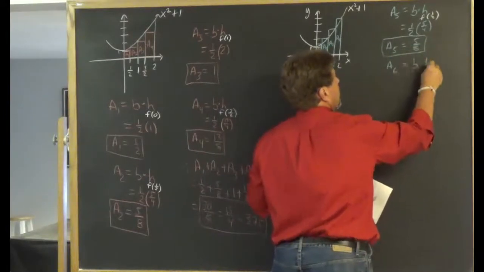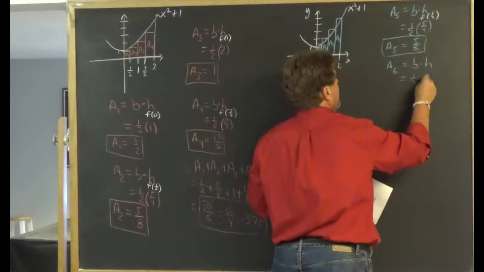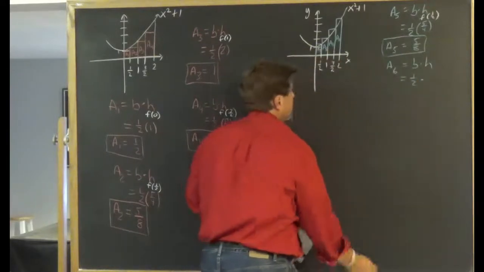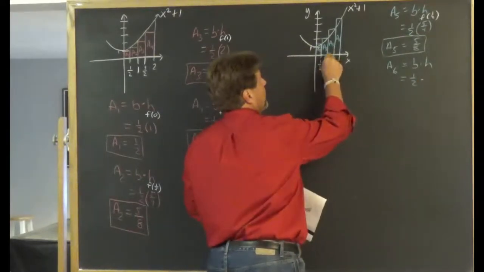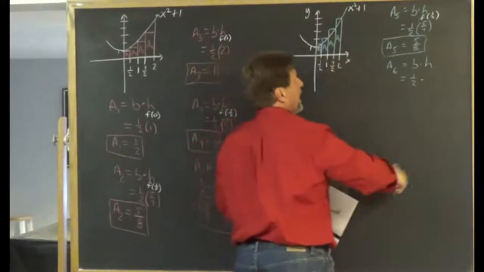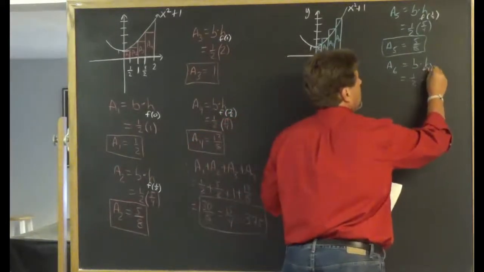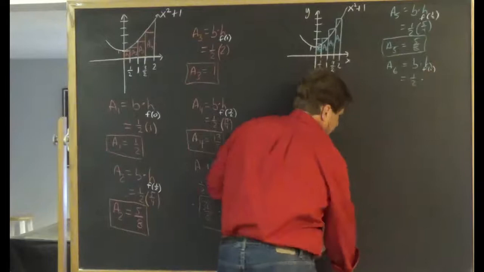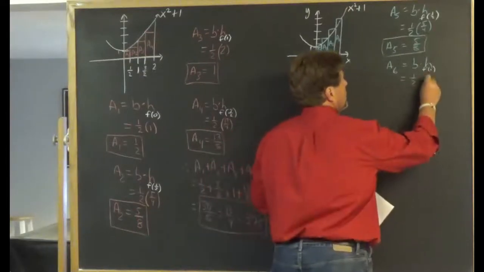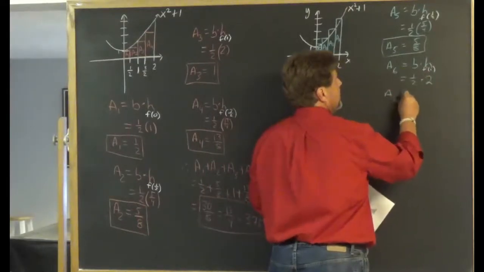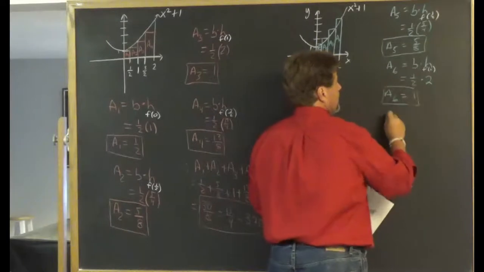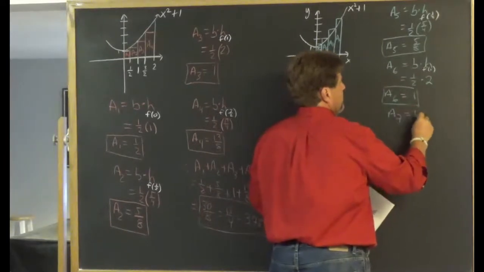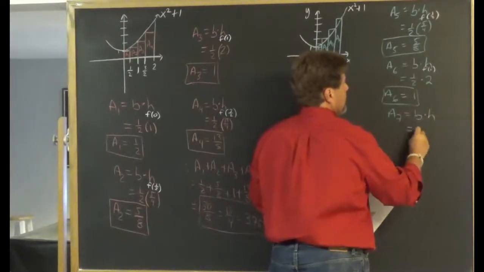Rectangle 6, base times height. The base is 1/2. The height for rectangle 6 is found by evaluating the function at 1. F of 1, and we know f of 1 is 2. So rectangle 6 has an area of 1. Rectangle 7, base times height. The base is 1/2.